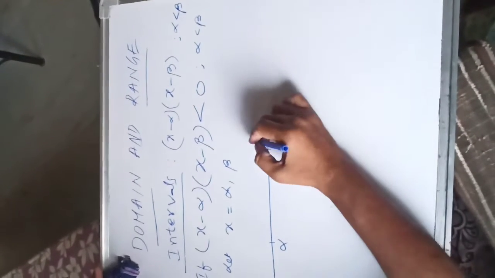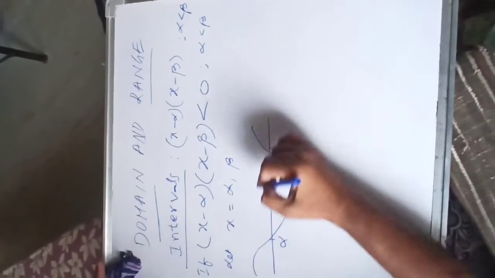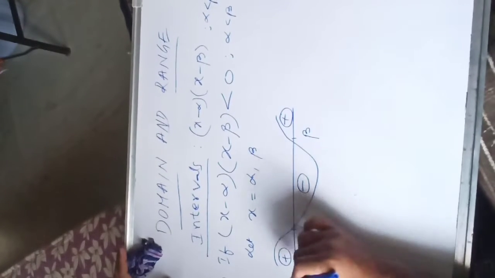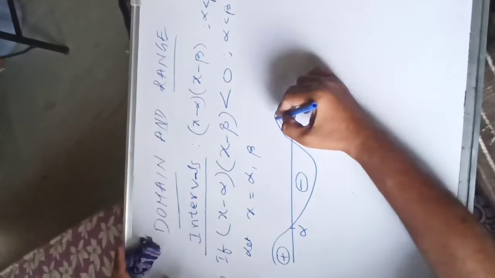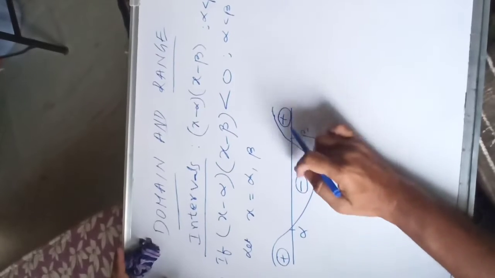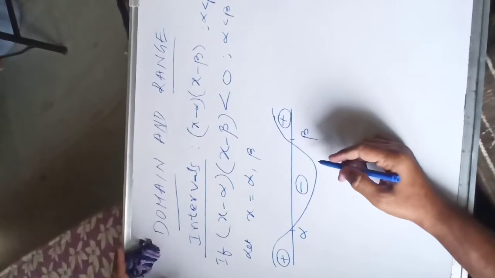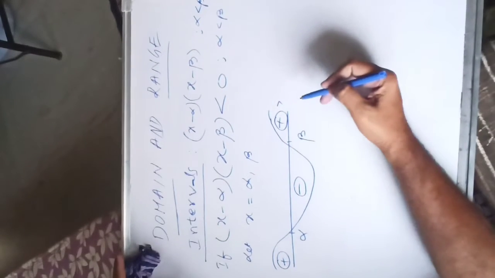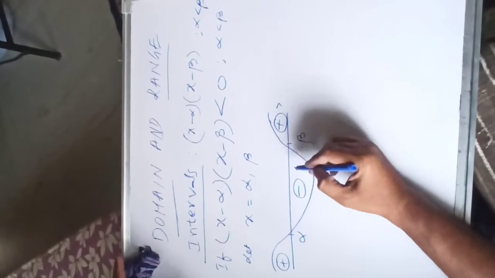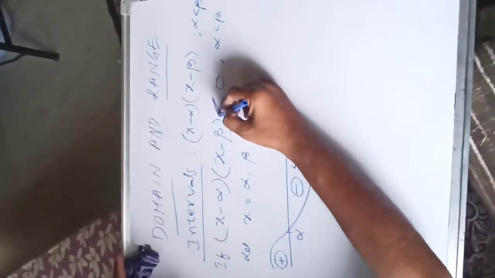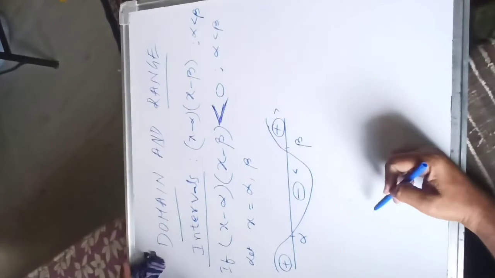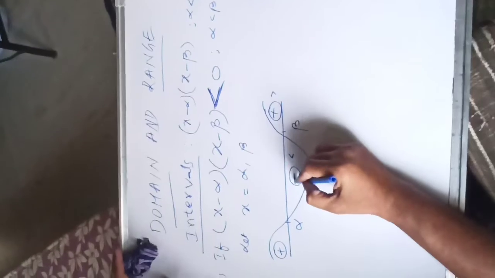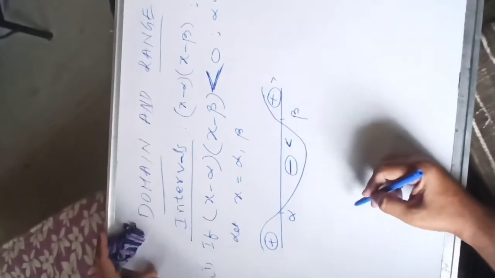Then alternately put plus, minus, plus, from the right side. Plus denotes the greater than symbol, minus denotes the less than symbol. Here in the question we have the less than symbol, so it denotes the minus.